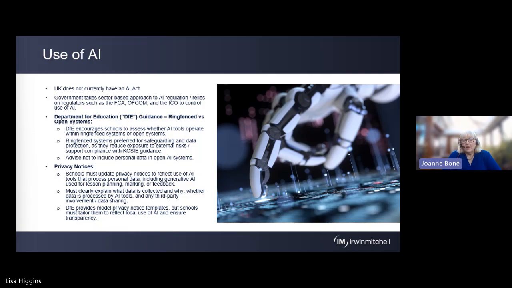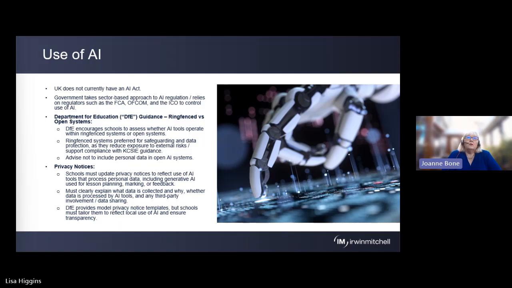We have seen schools buy in technology with AI built into things, even things such as HR systems. So it's important to understand what AI you've got within the school, because it might be included in products that you weren't really aware of.